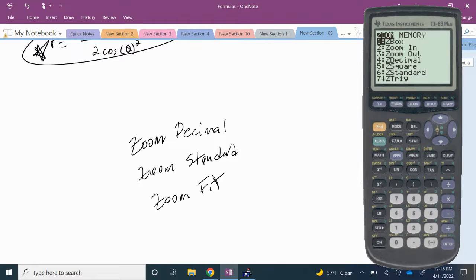If you hit zoom, zoom decimal is the 4th option, zoom standard is the 6th option, and zoom fit is the 10th option.